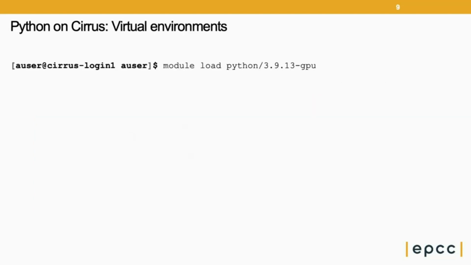So that just gives you an overview of the structure, how the Python modules are set up. So if you are wanting to create your local Python environment and you're on a login node, the first thing you do is to choose the central Python module that you want to base your local environment on. And this is what the first command does that you can see here, the module load command.